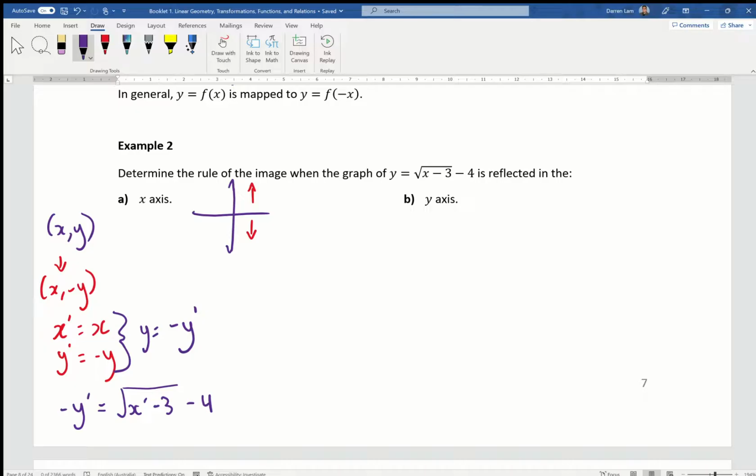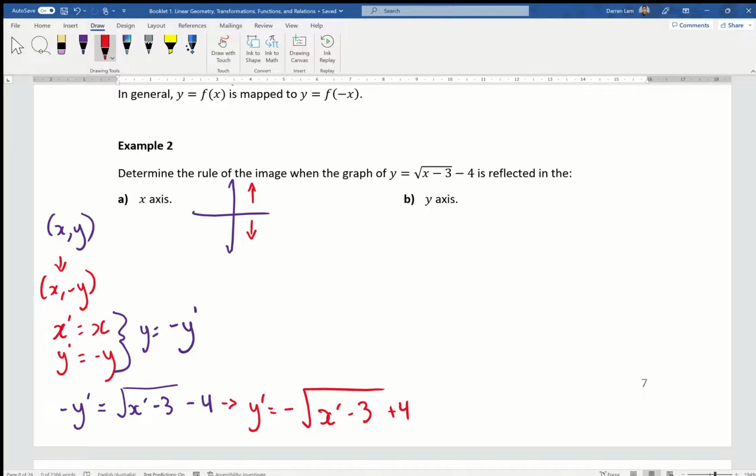Now, obviously, before I finish off, I should probably write the full equation. So I multiply both sides by negative 1, and it becomes y dash equals negative root(x dash minus 3) plus 4. Any questions about that?